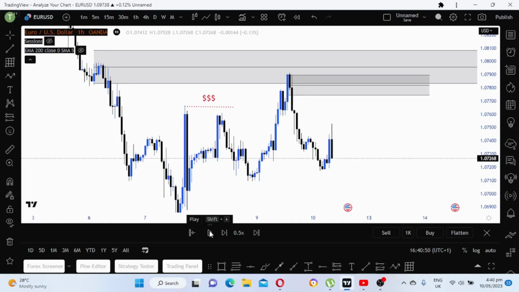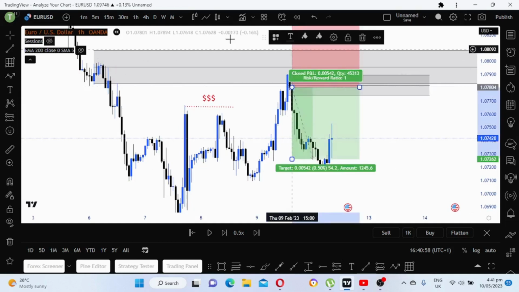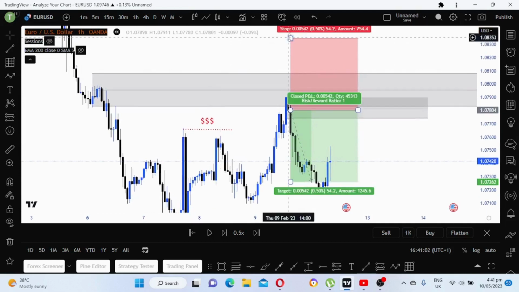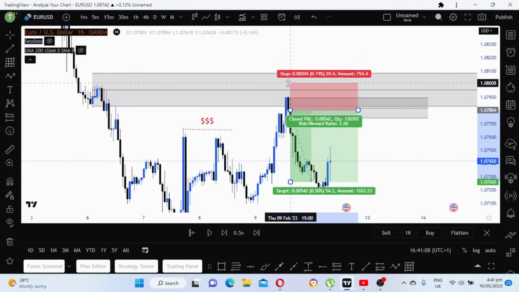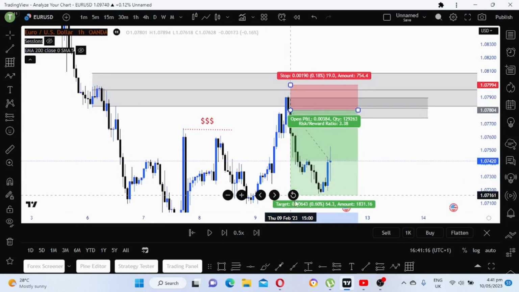If I was someone, I would have entered a sell here after this candlestick closure, aggressively. Then I will put my stop loss just above this zone, this one on the left. And I will target this low.